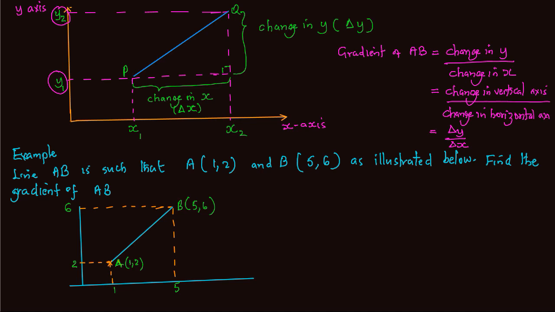And therefore, the gradient of AB is equal to change in y, which is y2 minus y1, over change in x, which is x2 minus x1.